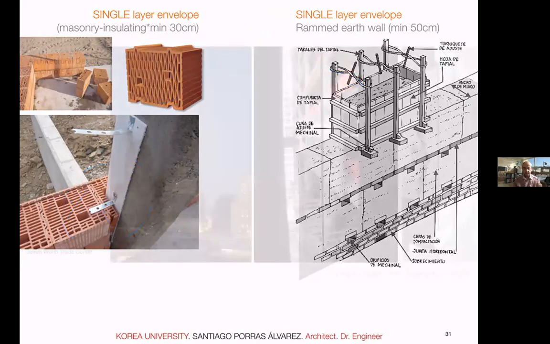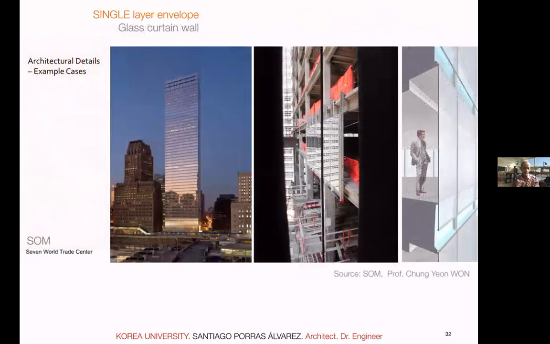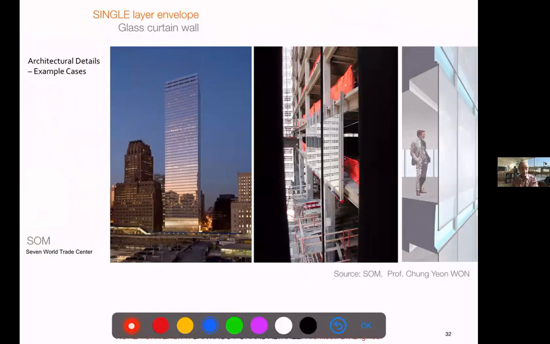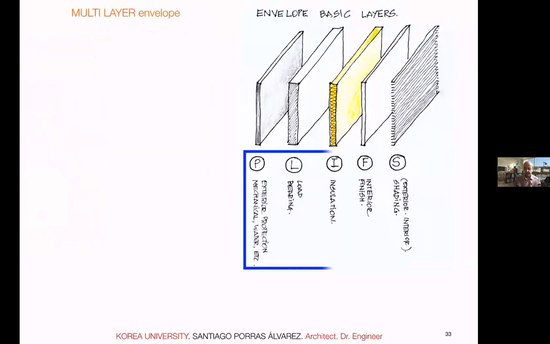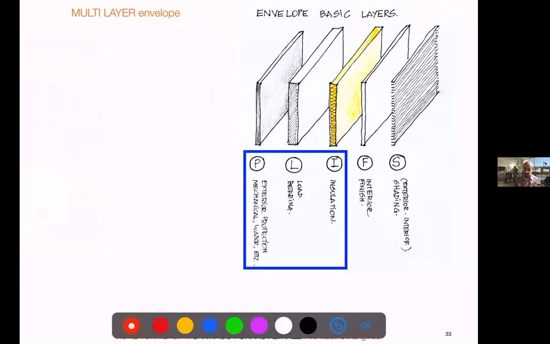Curiously, curtain walls conceptually are single layer, in general, even though we have multi-layer glass, but this is conceptually really one element only, right? So for multi-layer, we have many, but most essential is the load bearing. This is a structural part. Insulation is basic in many places, and the exterior protection or finish, right?